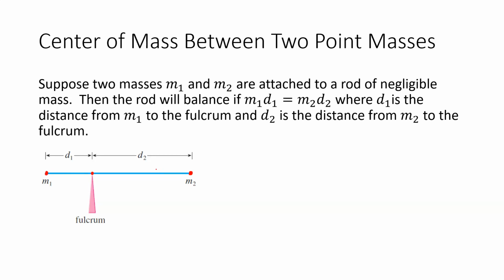The principle that governs this law is that the first mass times the distance d1 to the fulcrum where it balances should equal m2 times the distance d2 to the fulcrum, d2 being the distance from the fulcrum to m2.